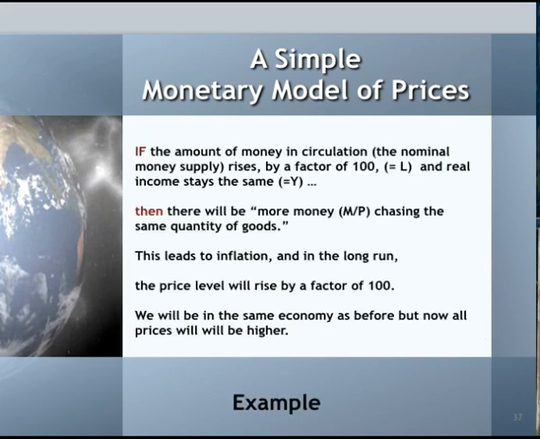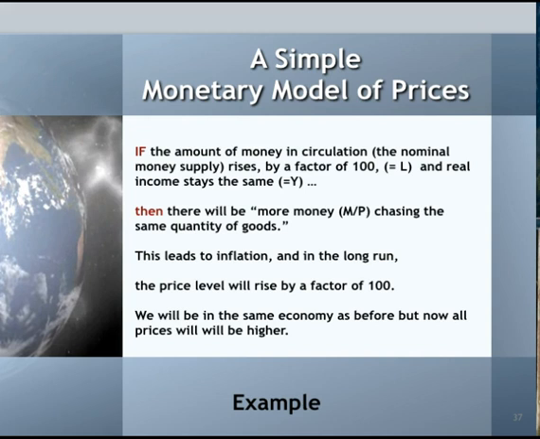This is just a simple example. Let's suppose that the money supply in circulation, the nominal money supply, rises by a factor of 100, but the real income, Y, stays the same. What this means is that we're going to have much more money, M over P, chasing the exact same quantity of goods. What does that mean? Well, that leads to inflation in the long run.